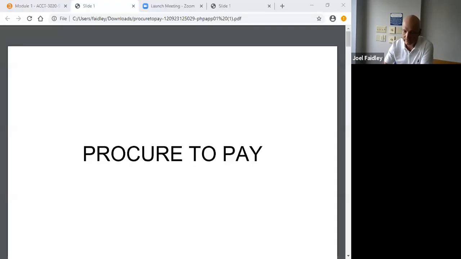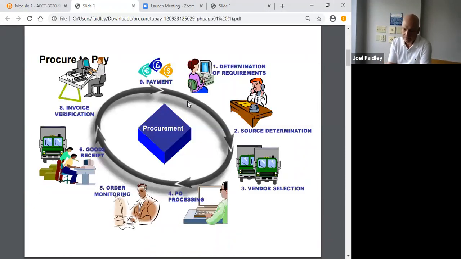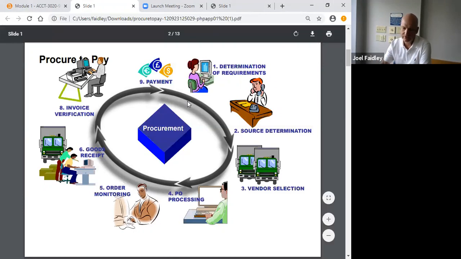So let me share that PDF here because it answers some key questions. What you see there is procure to pay. All right, procure, that's a fancy word for purchase. Purchase to payables, that's what we used to call it. Purchase to payables, procure to pay. All right, this shows a rather lengthy process here, starting up here in the upper right, determination of requirements.